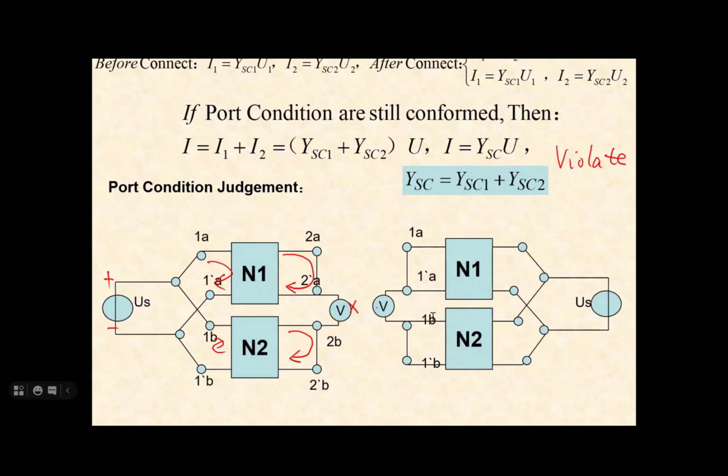If this voltmeter reads zero, that means the short connection carries no current, so this current will equal this current. So if V equals zero, the left side is satisfied. If on the right side this voltage V is zero, the right side is satisfied. So we use this method to judge whether the port condition is still satisfied for the parallel connection.